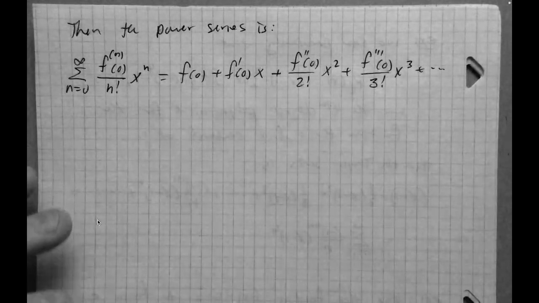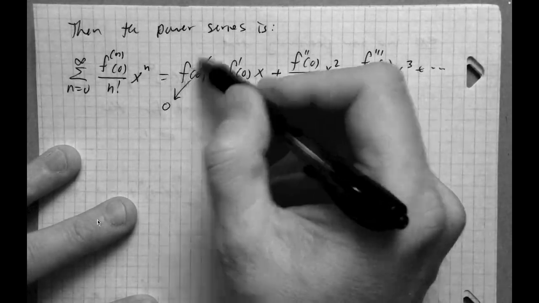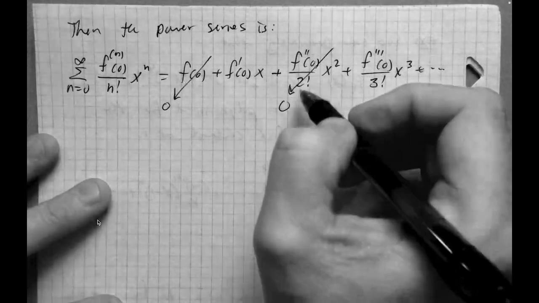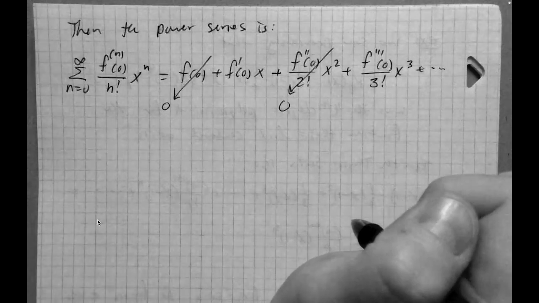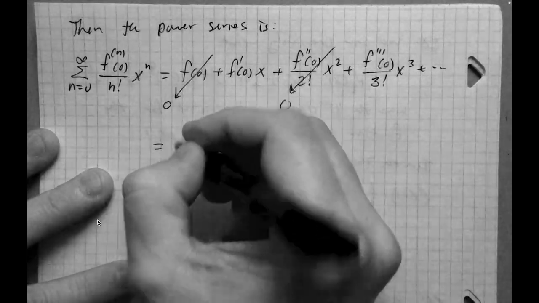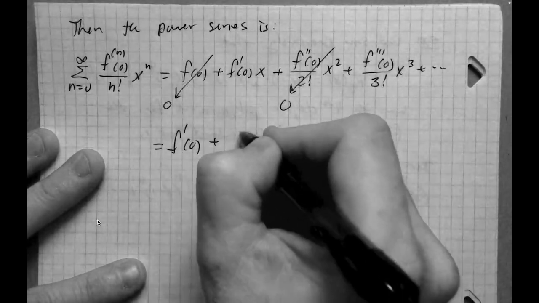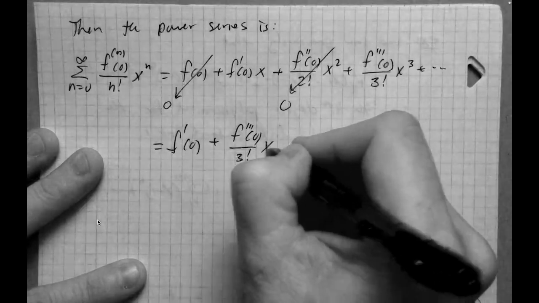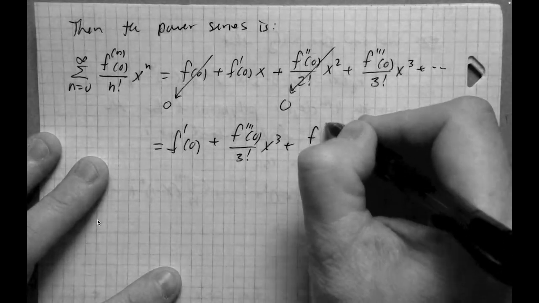And so a couple of things to notice here is that this is going to be 0, because that coefficient will be 0. This is also going to be 0. The fourth degree term will also be 0. Okay, and so what we're really left with here is f prime of 0 plus f triple prime of 0 over 3 factorial x cubed plus, now we know that the fifth degree term will be up in here as well.